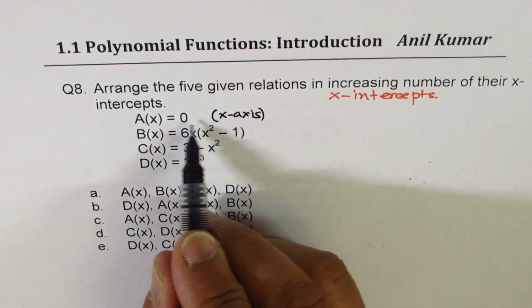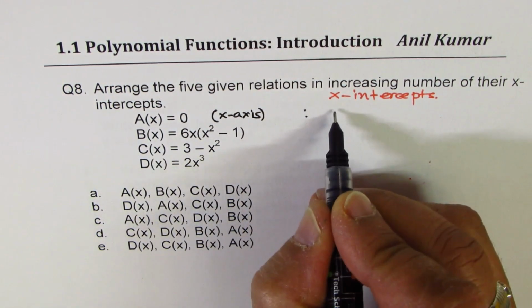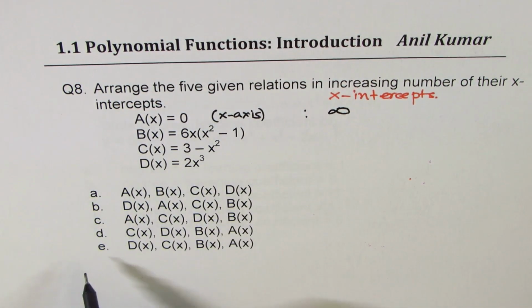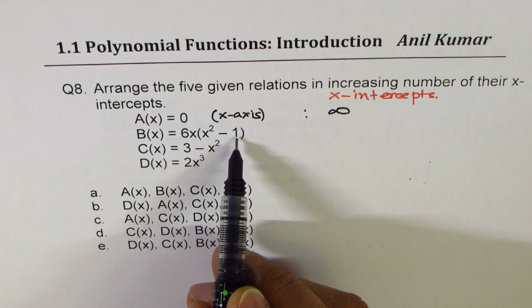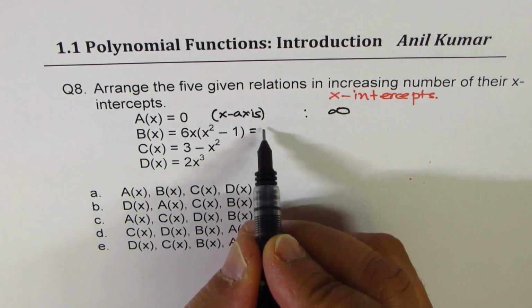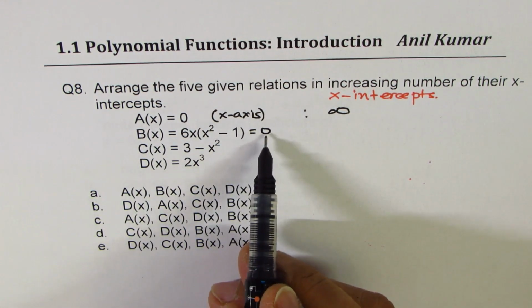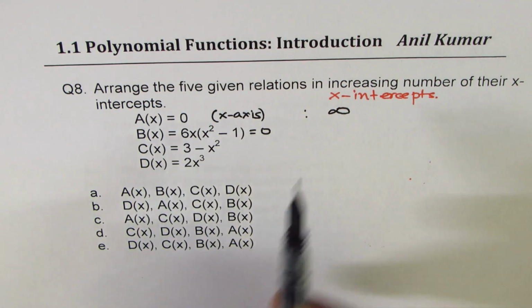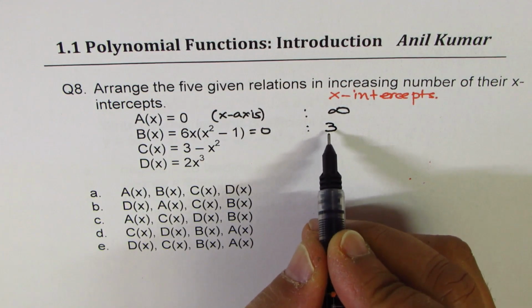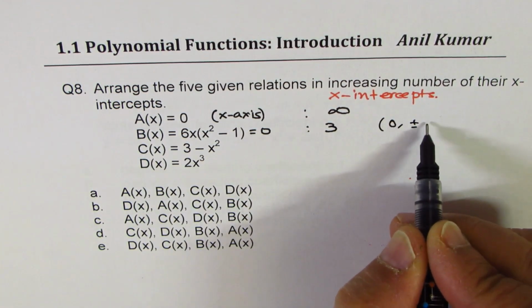How many x-intercepts will that have? It will have infinite x-intercepts. B is y equals 6x times (x squared minus 1). X-intercepts means zeros, at x equals 0 and x equals plus minus 1. So there are 3 places, which are 0 and plus minus 1.